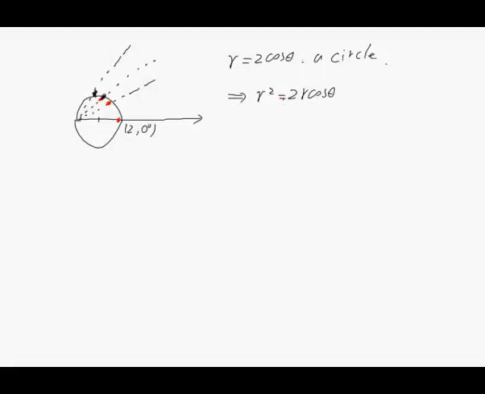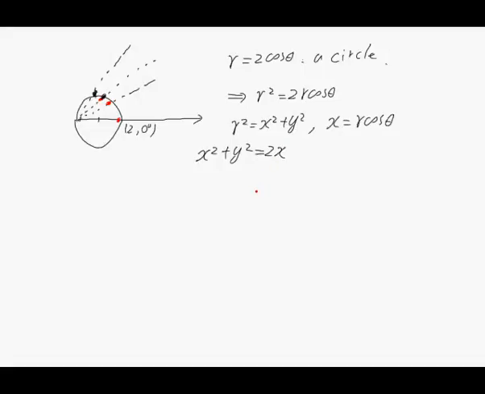Because we know x is equal to r times cosine theta, right? We know r squared is equal to x squared plus y squared. So now we can replace r squared by x squared plus y squared. So the left side is x squared plus y squared. And here, r times cosine theta, we just replace by x.